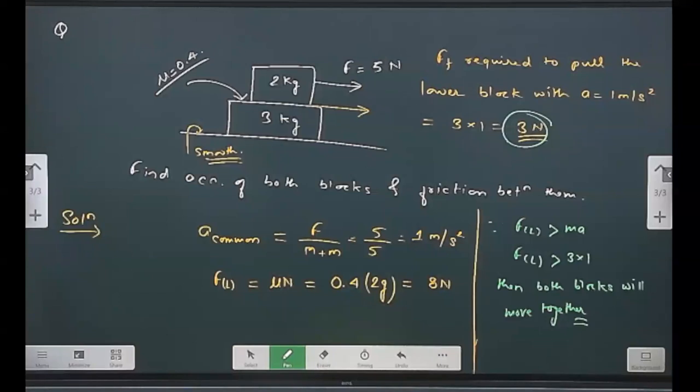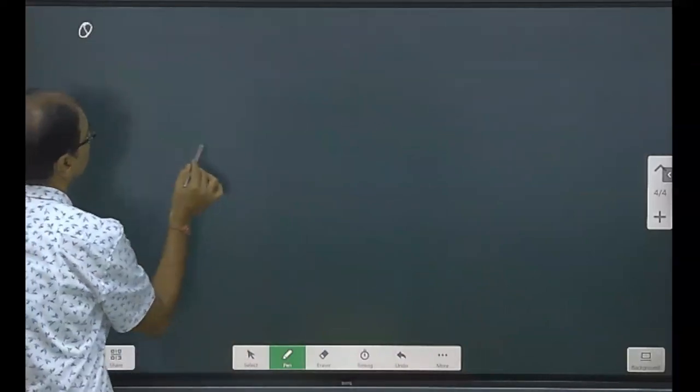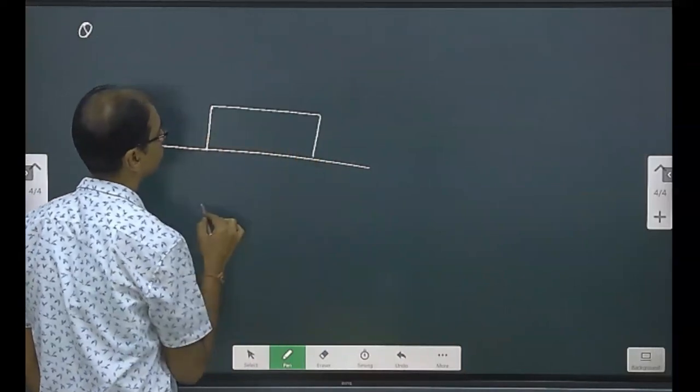Done? Completed? Done, sir. Okay. Now see, another question we will frame from the same setup. What question is this time? Similar kind of a setup first.